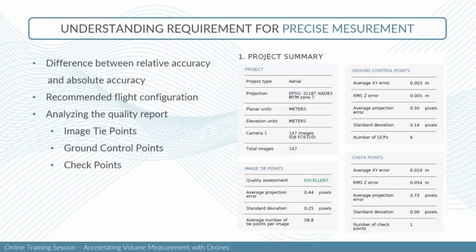You can also use some checkpoints to assess the quality of your overall aerial triangulation, and the overall accuracy could also be achieved by using a UAV with PPK or RTK data, which is also used with checkpoints to validate the overall accuracy of the project.